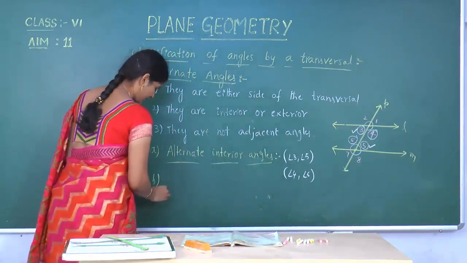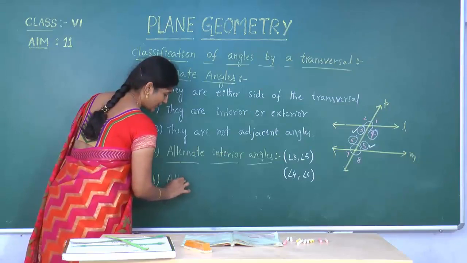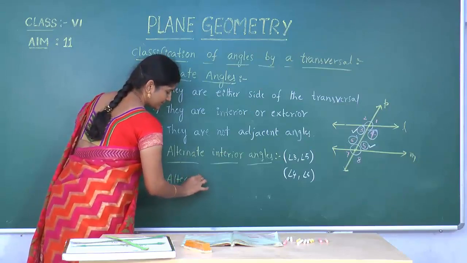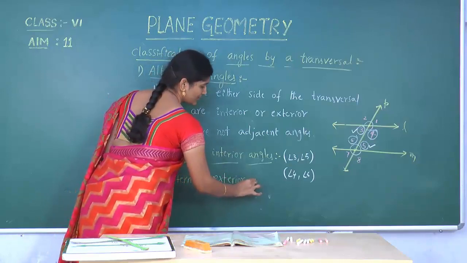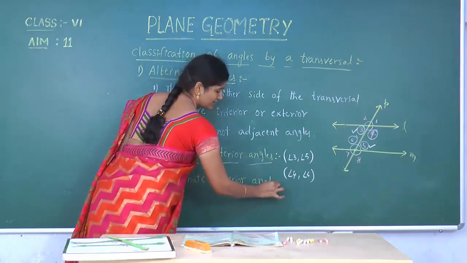Now the second category is alternate exterior angles.